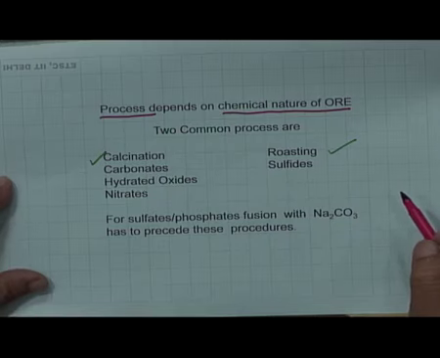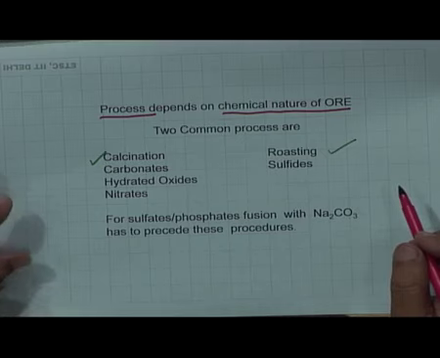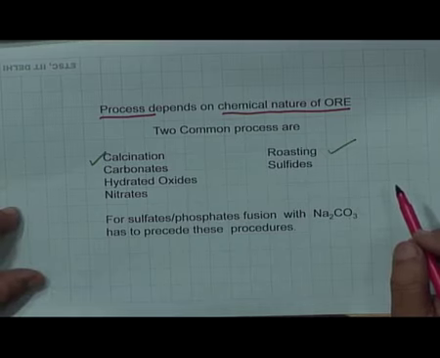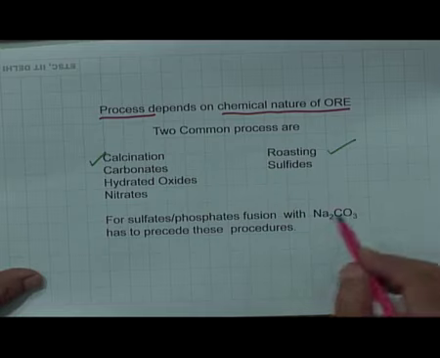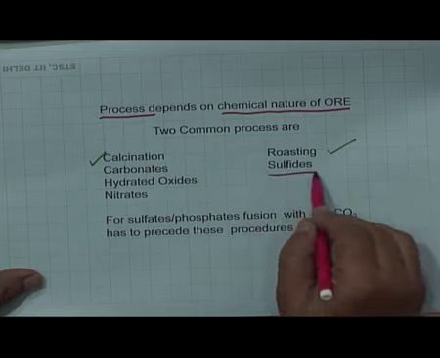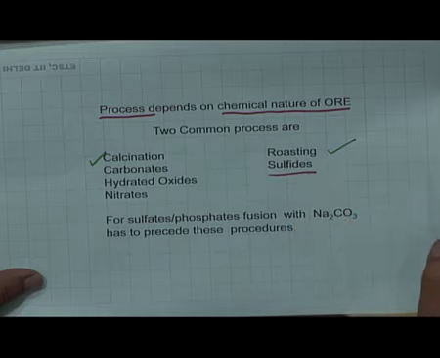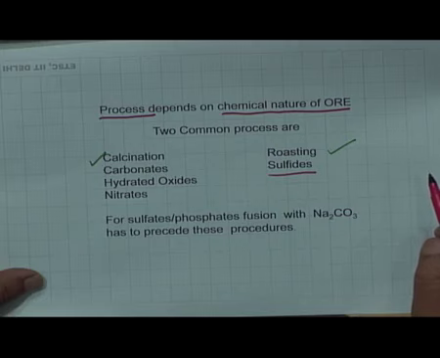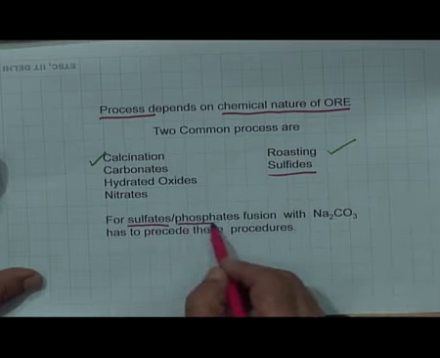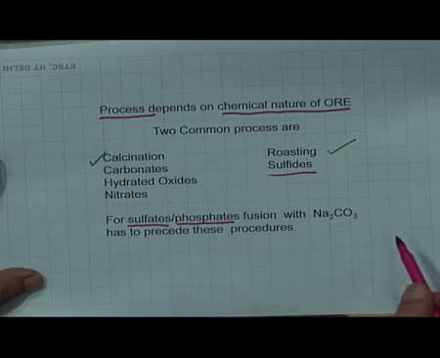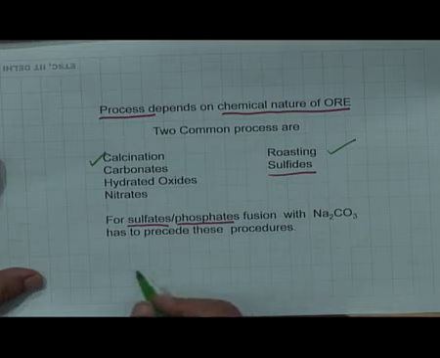Calcination is a process used for carbonates, hydrated oxides, and nitrates, and roasting is a process used for sulphides. Roasting cannot be used for oxides. Similarly, calcination cannot be used for sulphides directly. Rarely, some ores are present in the form of sulphate or phosphate, and then neither of these two methods can be applied for conversion into oxide.